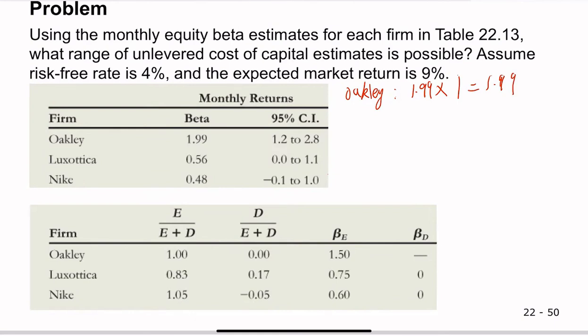So doing the same for the second firm, we should use 0.56 times 0.83. Oh, you also have these numbers here. Just ignore them.